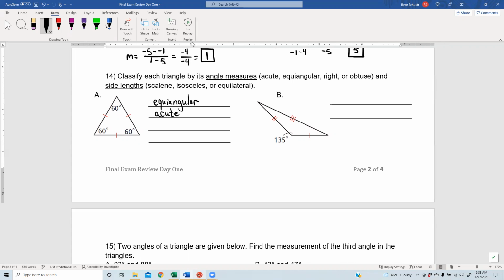All the sides are the same, so it's equilateral. But an equilateral triangle is also an isosceles triangle, because isosceles means at least two sides. We've got three, so we're at least two. This triangle is equiangular, acute, equilateral, and isosceles.